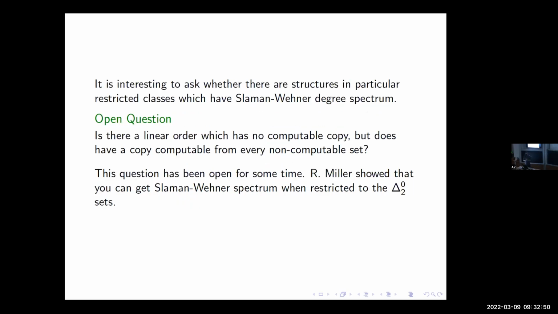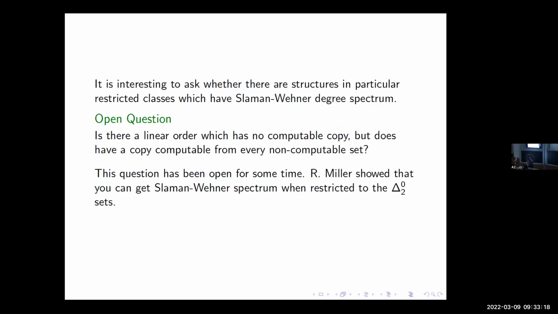Another interesting thing is to ask whether things in particular classes can code families, or do things of certain kinds. Can something in a particular class have the Slaman-Wehner degree spectrum? Maybe the oldest open question here is whether there's a linear order that has Slaman-Wehner degree spectrum. I think this has been open for definitely at least 20, maybe 30 or 40 years.